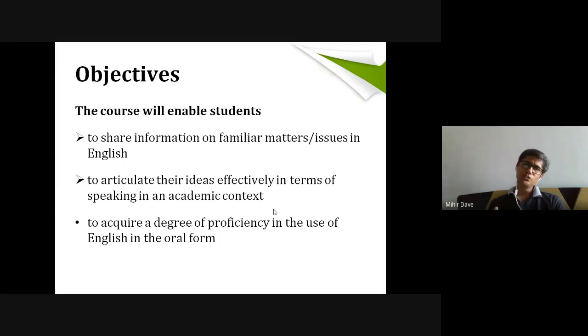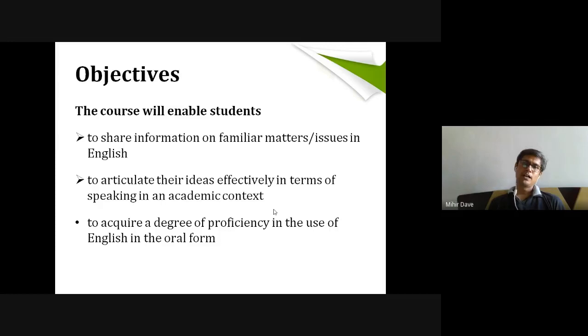As students, you'll also be able to articulate the ideas effectively in terms of speaking in an academic context, right? It could be an academic context. You can also extend it to the business context, right? Articulate is to share and express, right? So you'll be able to express your ideas effectively, and you'll be able to talk in terms of context of business and academics. So that is the second say objective.